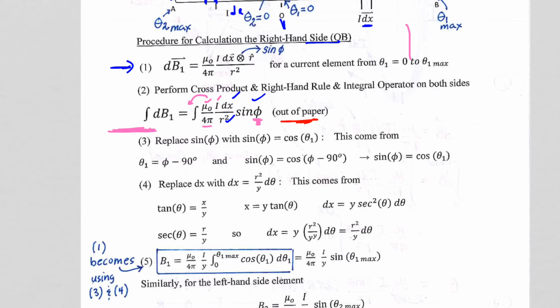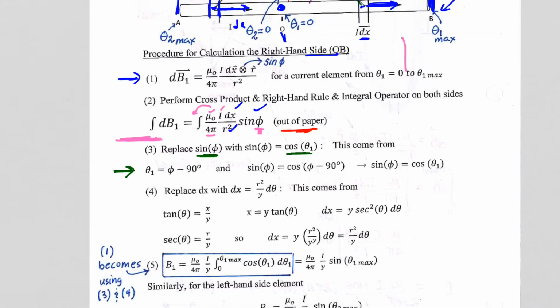It turns out it becomes convenient to solve this integral by taking that sine of phi and replacing it with cosine theta 1, and I have the math for that shown here. Basically, phi and alpha equal 180 degrees, theta 1 and alpha equal 90 degrees.